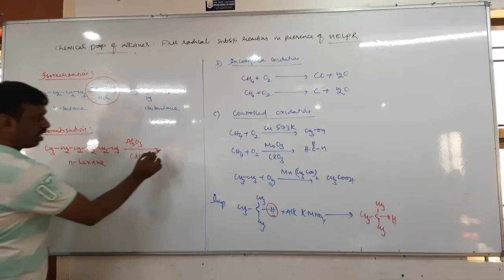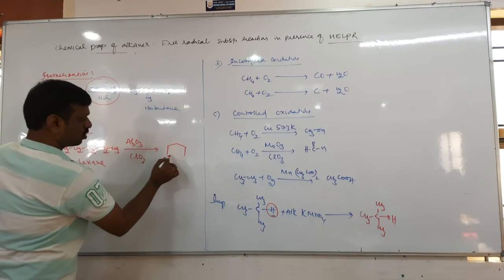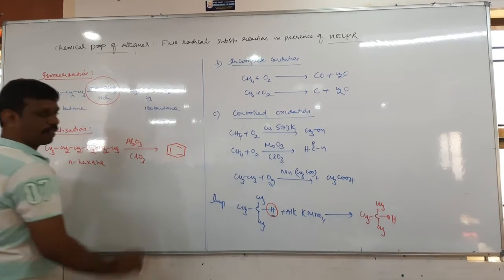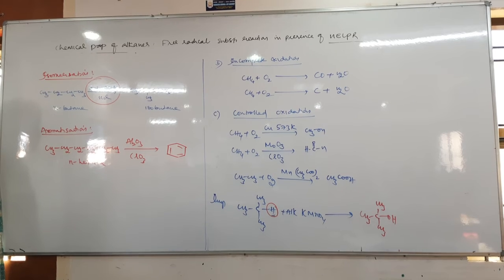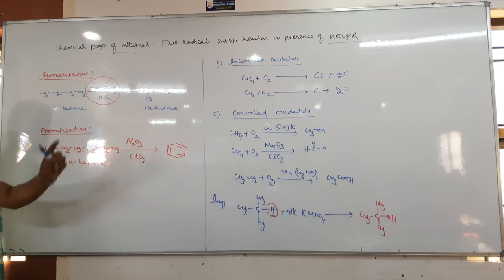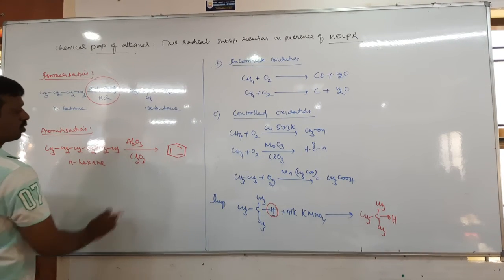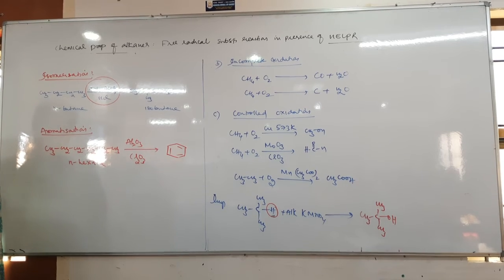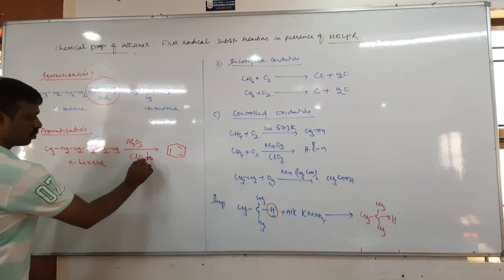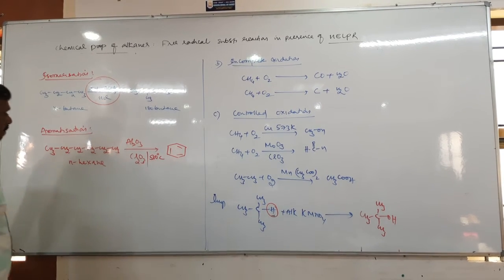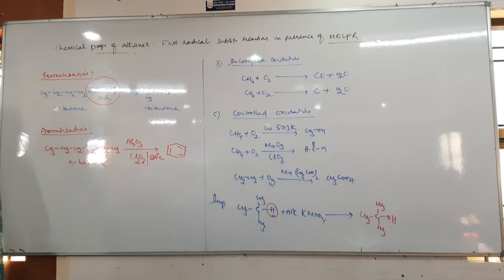So n-hexane converts into benzene. Number of carbons same. So aliphatic hydrocarbon converts into aromatic hydrocarbon.